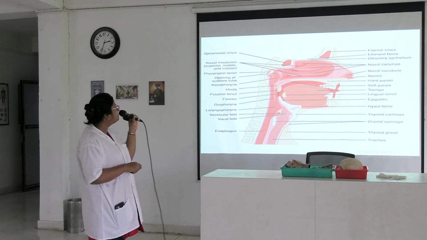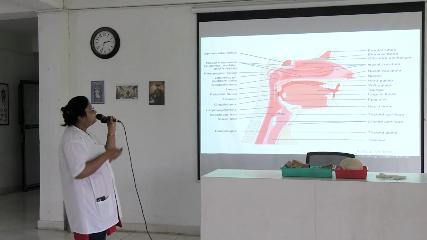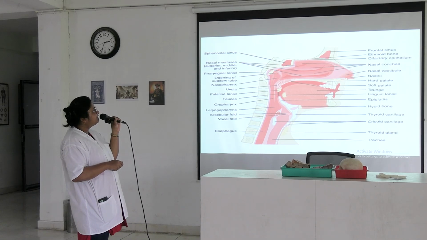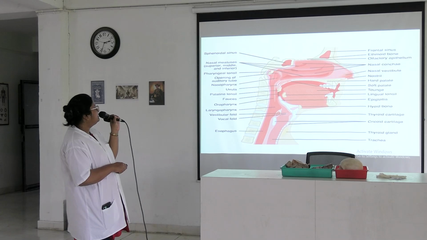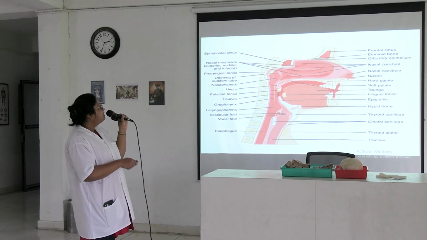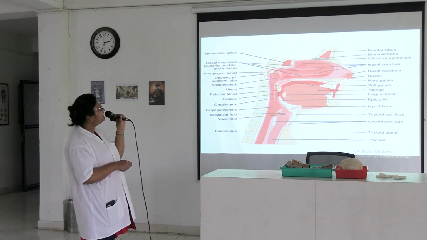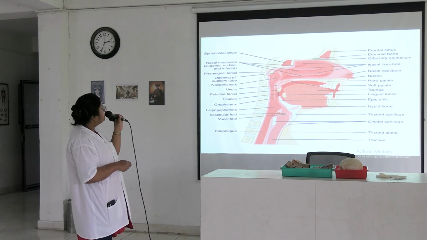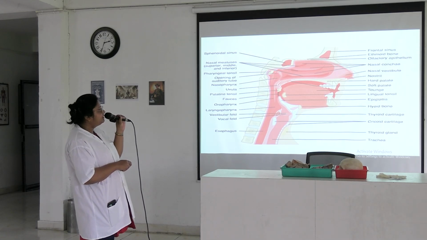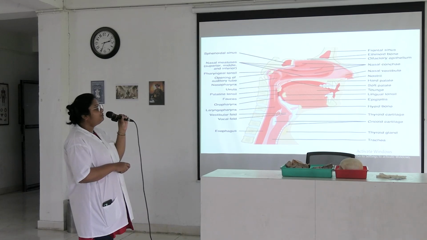Next, posterior to the nasal cavity, here is the nasopharynx, and there is the nasopharyngeal opening of the auditory tube, which is 1.25 centimeter posterior to the posterior end of the inferior nasal turbinate. At the posterior-superior margin of this opening lie the tubal tonsils.